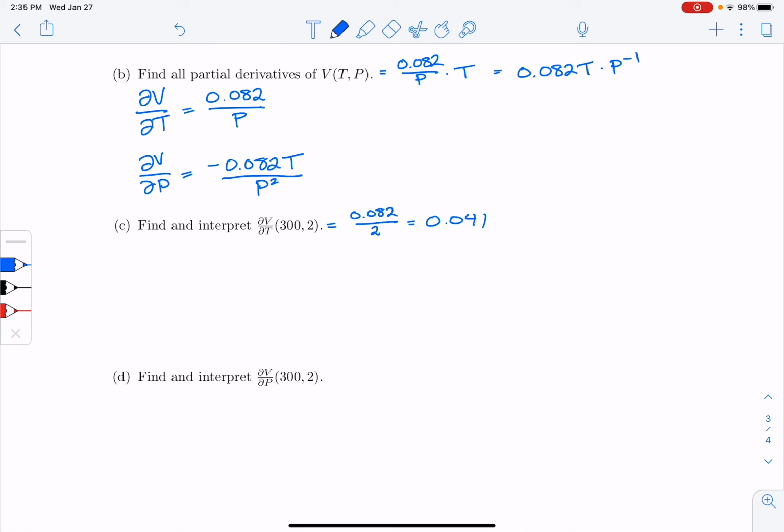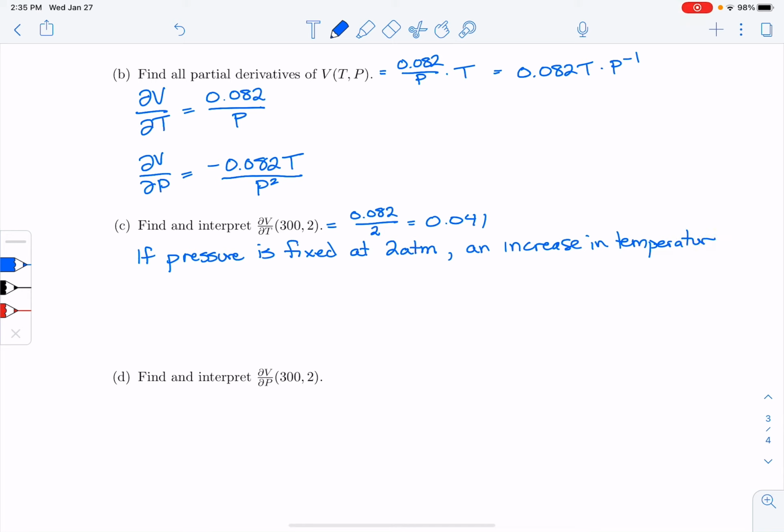So here, pressure is constant. So if pressure is fixed at 2 atmospheres, an increase in temperature. Let's find out what happens, say, if you increase temperature by 1 unit. An increase in temperature from 300 Kelvin to 301 Kelvin. What's that going to do?